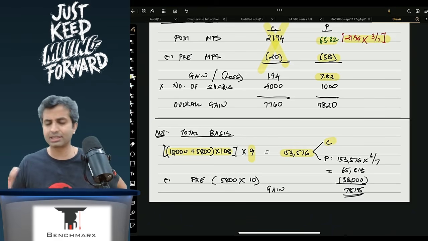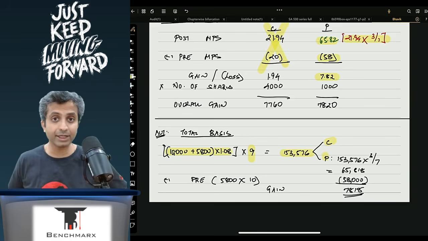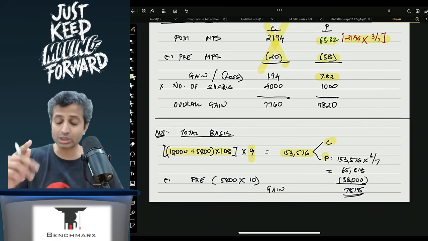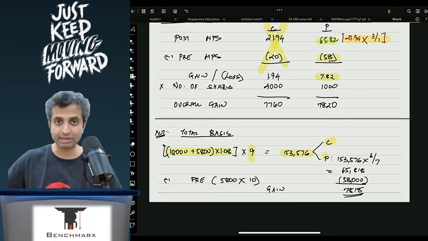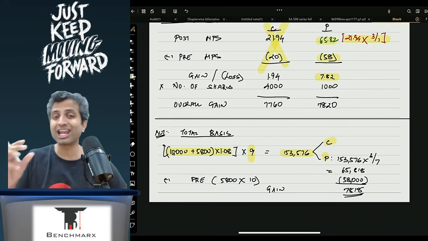Now this post merger market value will be enjoyed by C shareholders as well as P shareholders. We are not being asked anything about C, so we are not doing that. The Institute has also not done that, but for P we will say they will enjoy it. P shareholders earlier held 1,000 shares, they are now getting 3 times, that is 3,000 shares, in the post combination entity of 7,000 shares.